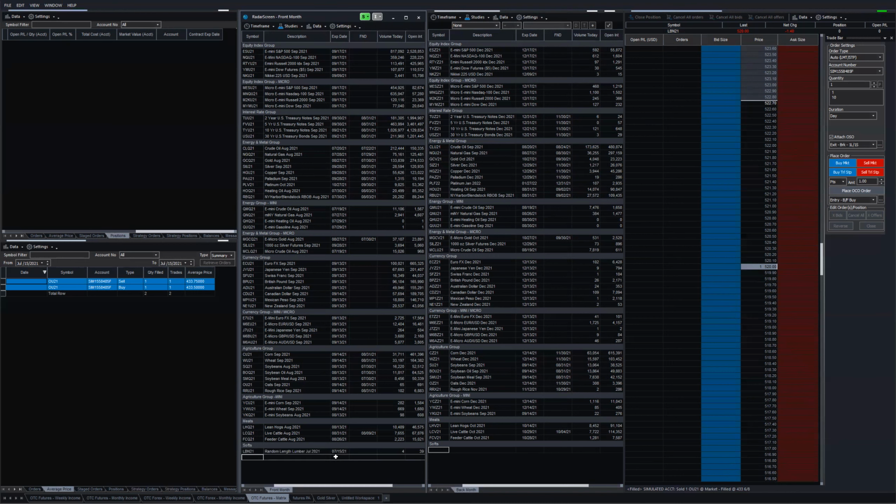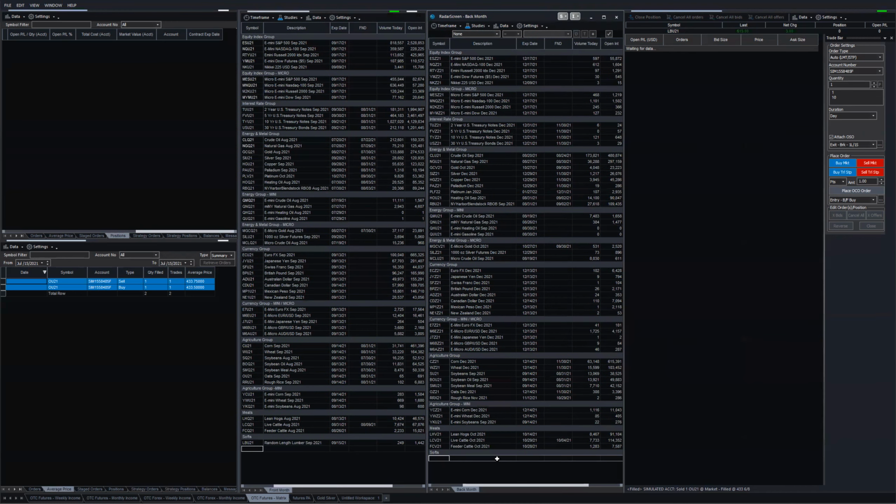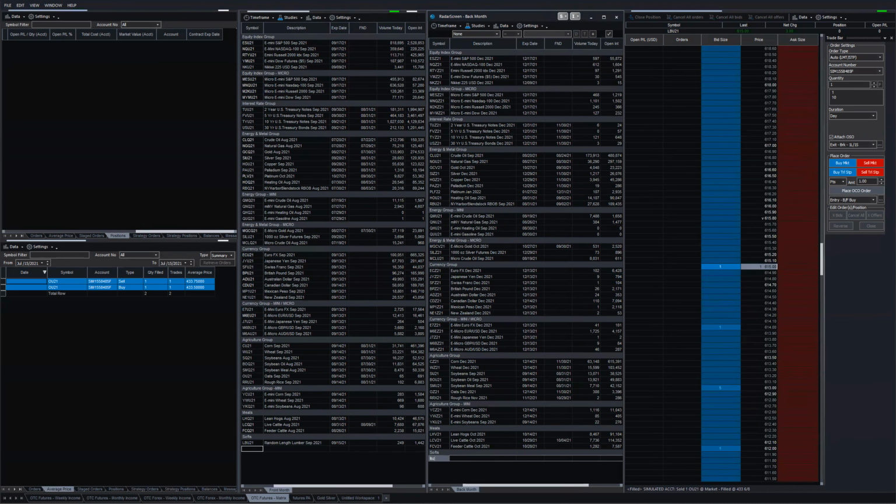So you see, expiration today is the 15th. So we can already remove it and use lumber LBU21, and I assume, I've never traded lumber, that there's a set.